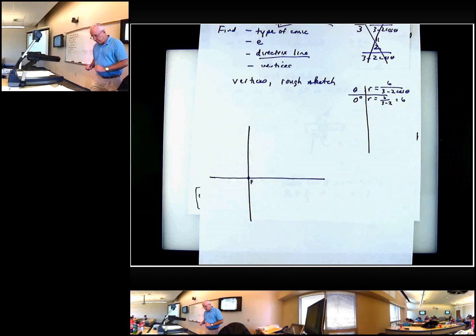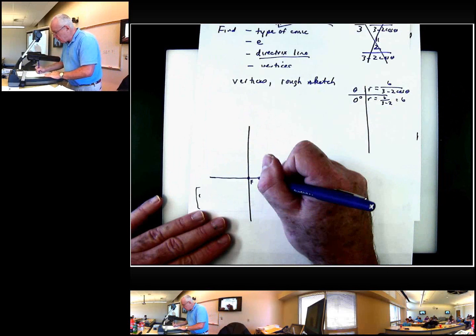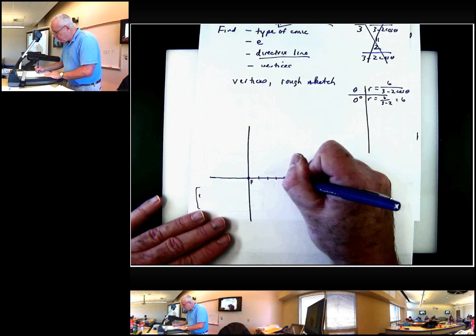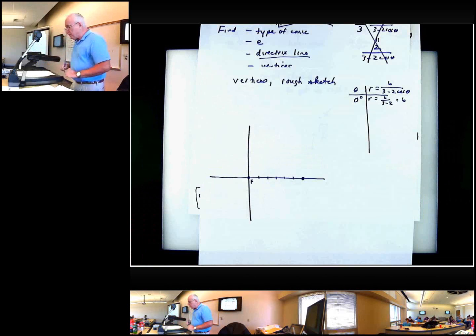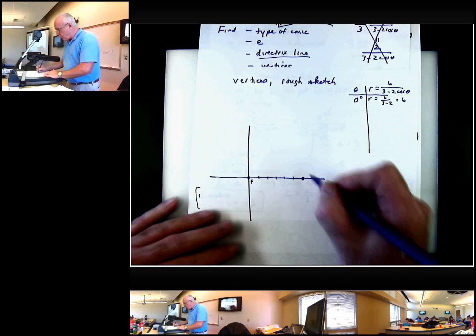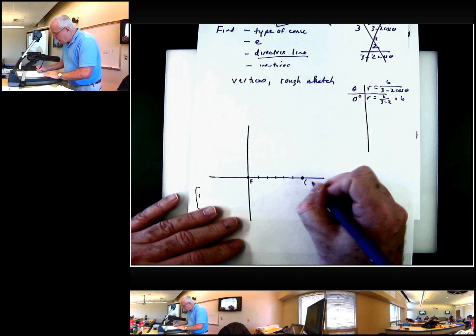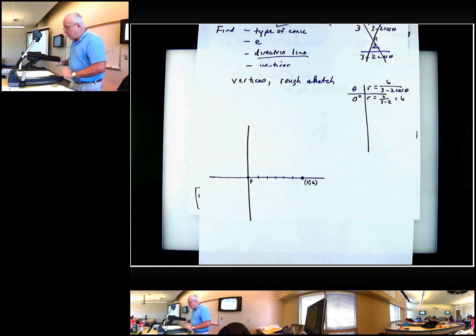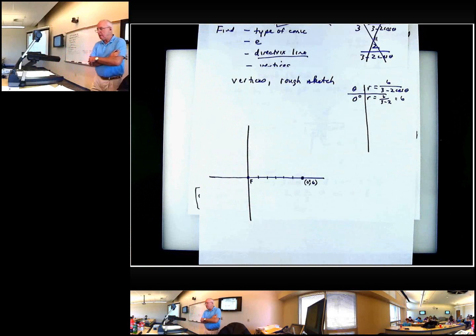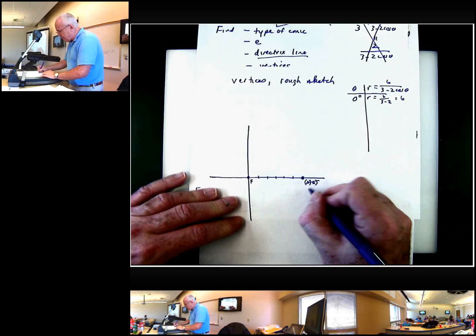Right? So let's go out here. 1, 2, 3, 4, 5, 6. And right here is going to be a point on our curve. So this is the point (r, θ) = (6, 0 degrees).